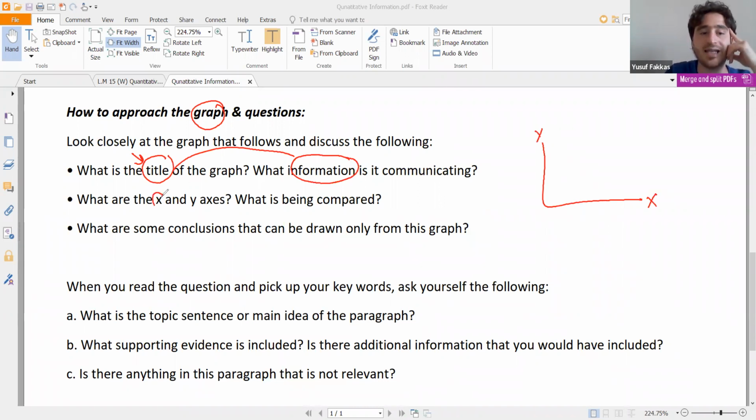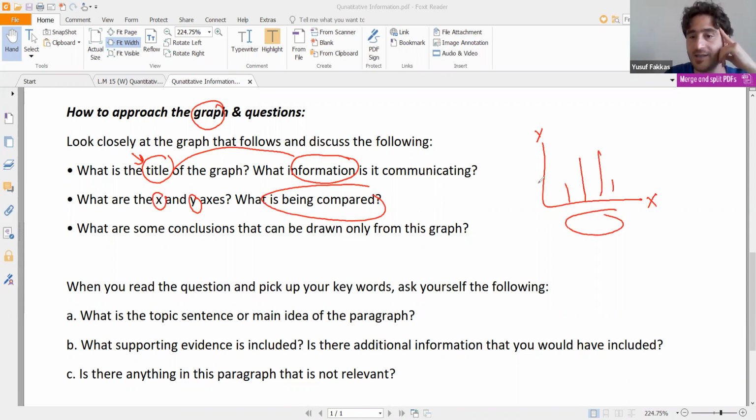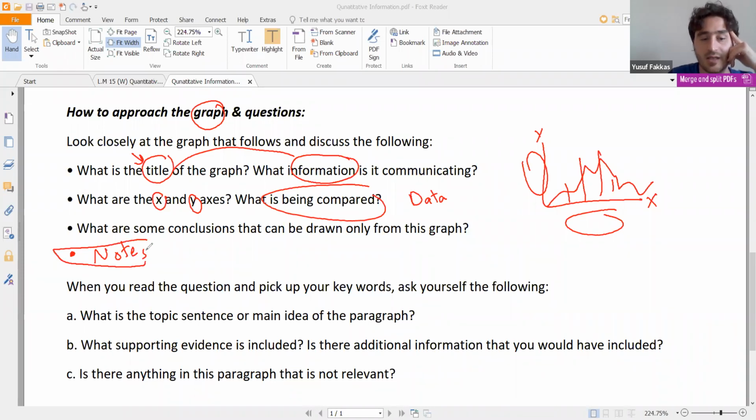So we have to look at the X and Y. And we're trying to see what we are comparing here. What are these things? Like, what's the unit here and what's the unit there? Okay. And then we look at the data itself. What kind of data we have there? What are some conclusions that can be drawn from this graph? And you can also add if there are any notes that come with the graph. Sometimes notes are helpful. Okay.